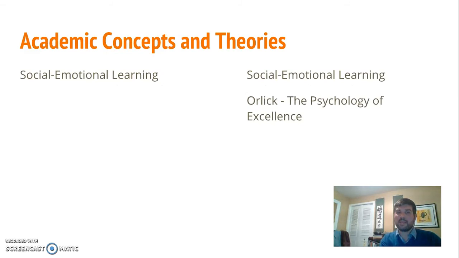Academic concepts and theories. It's a bit tricky to find some things, but they both did talk about social emotional learning, which is quite popular in the educational realm. And the one dealing with yoga talked about Orlick a bit. I looked him up a bit.